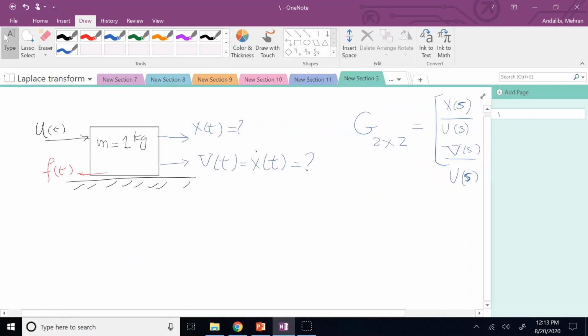First I write my governing equations. The only other forces I have are N and mg, but I'm only interested in the x direction. So if I write my forces in the x direction, it is going to be u minus f, equal to m x double dot.